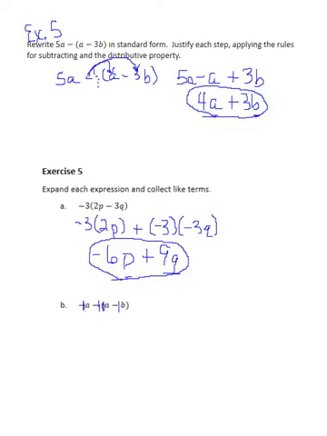So let's rewrite him in that expanded form, and we would have negative a plus negative 1 times a plus that negative 1 again times a negative b.